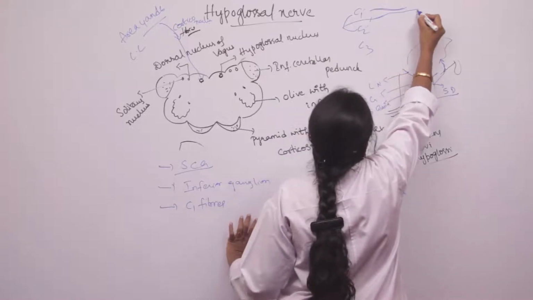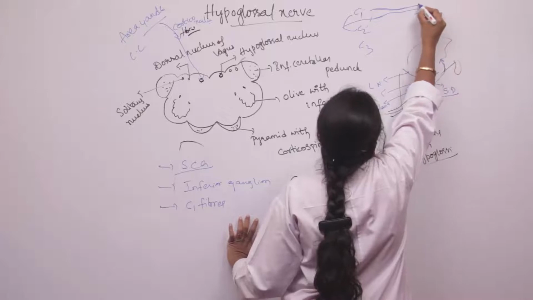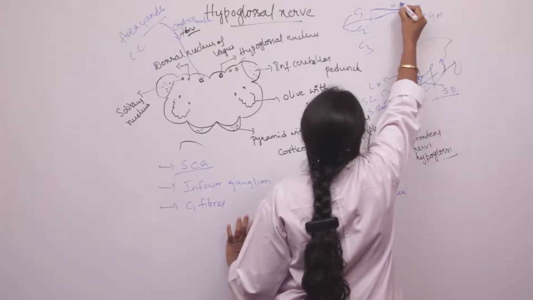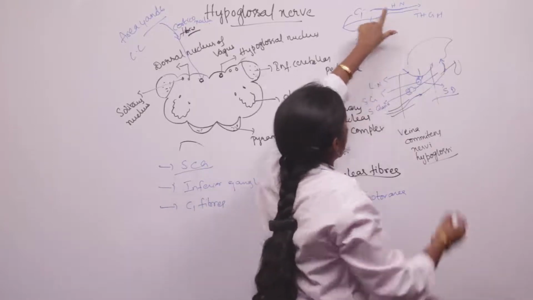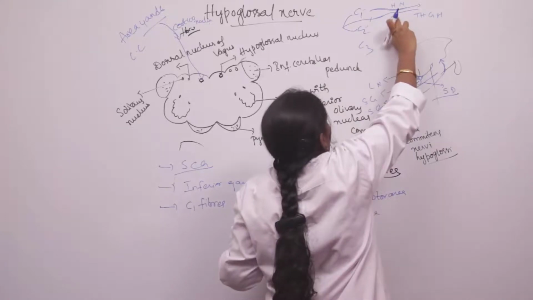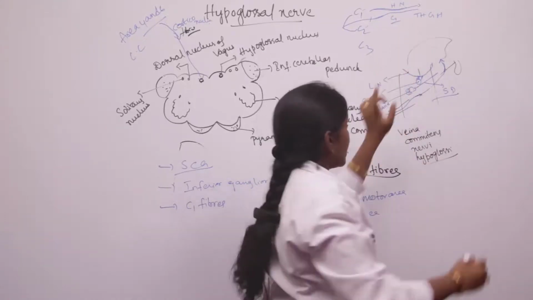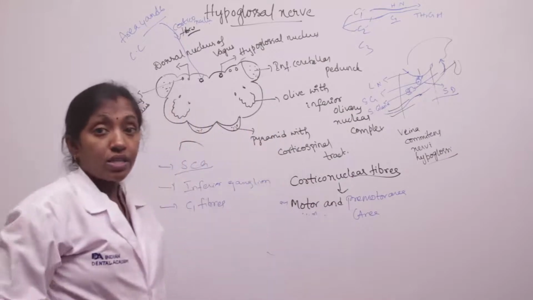This is nothing but the C1 through hypoglossal, which supplies the thyrohyoid as well as the geniohyoid muscle. So it communicates with the C1 fibers.